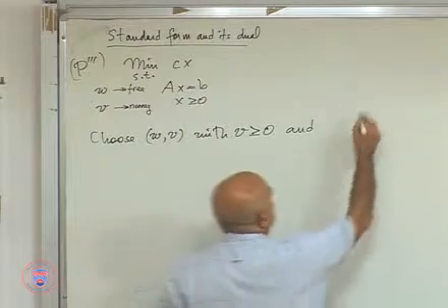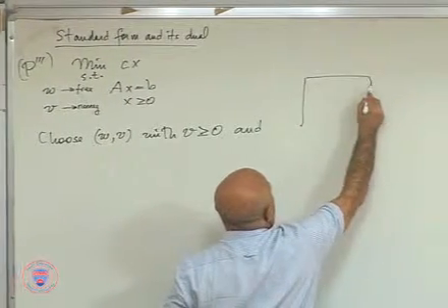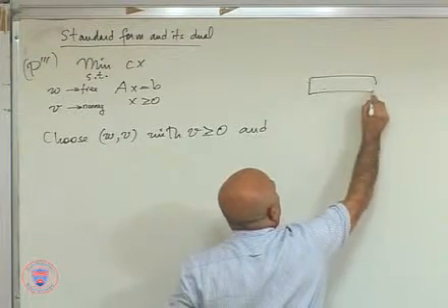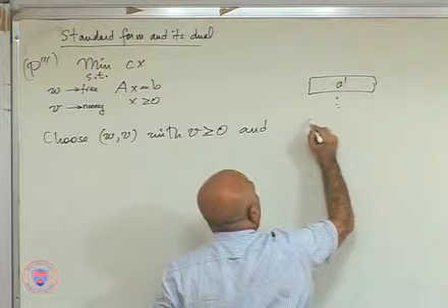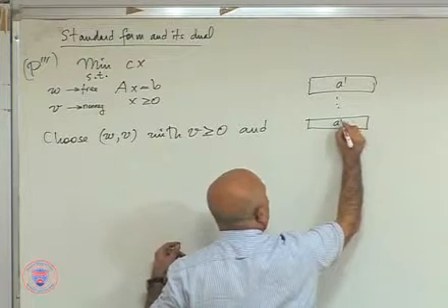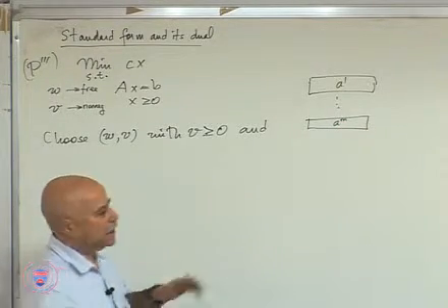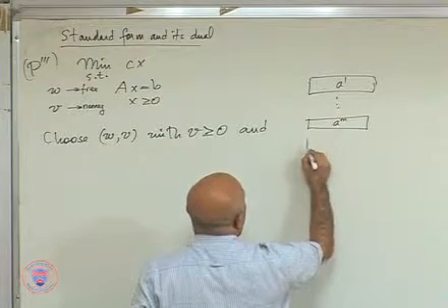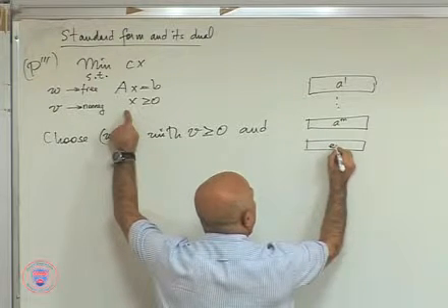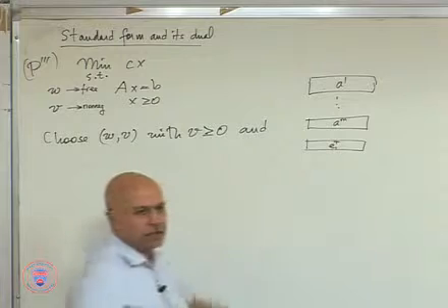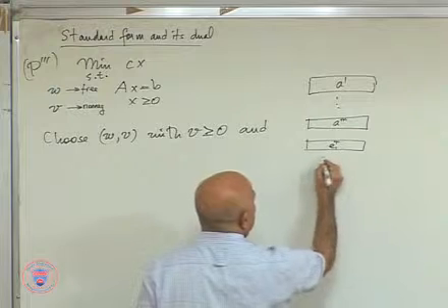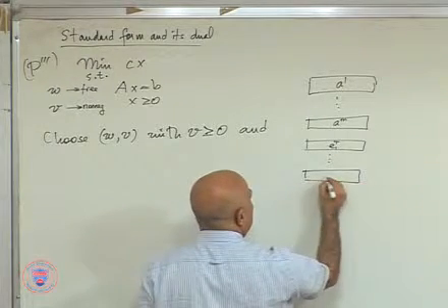So here we've got the A matrix with many rows, A1 up to, say, AM. Let's assume in the standard form we have M such constraints. Then you have the unit vectors, E1 as a row vector, so let me make it transposed. My unit vectors are typically column vectors, so I just make it a row vector up to the last one, En.